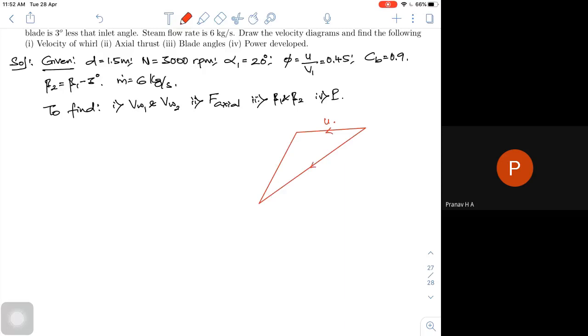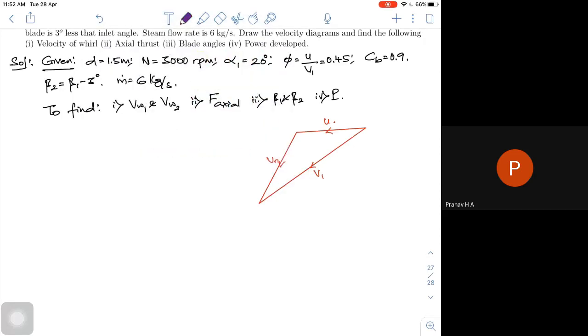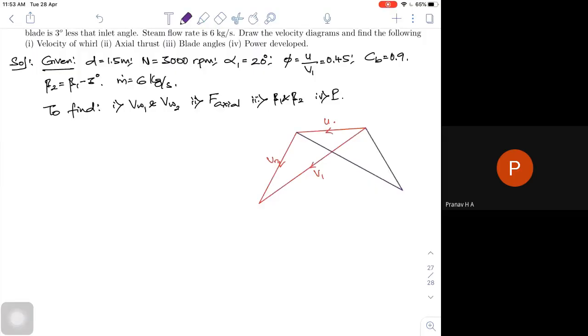This is my V1, VR1, and this is VR2 and V2.